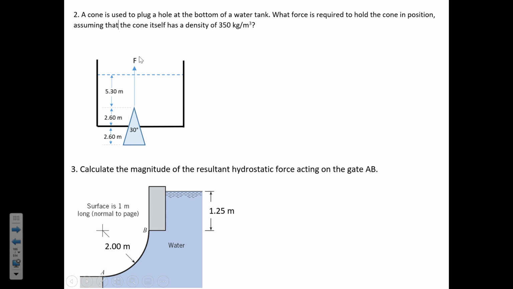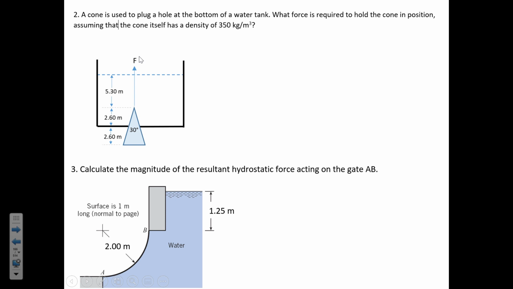And then on problem 3, this is a hydrostatic force problem with a curved gate, and we're going to work through another example today, so you'll get some additional practice on this. As was mentioned in the example on Tuesday, the 2 main things in a curved gate problem are the horizontal forces and the vertical forces.